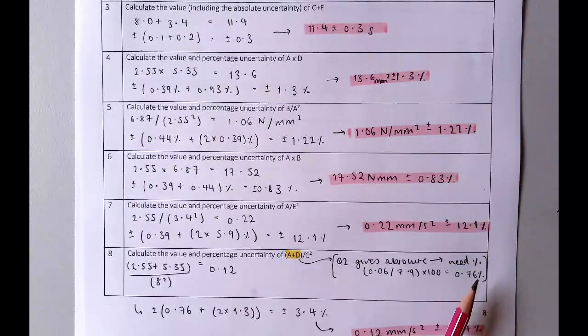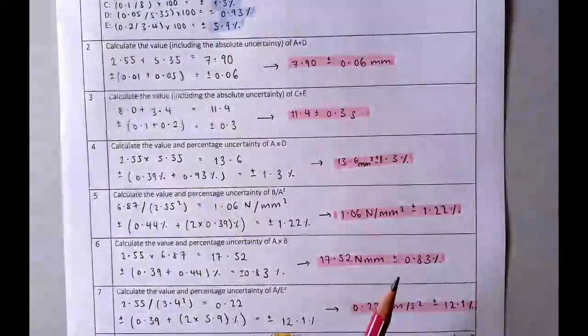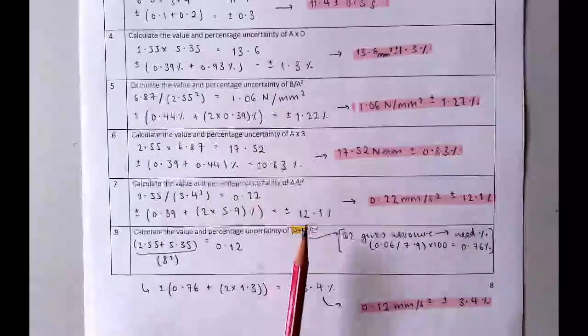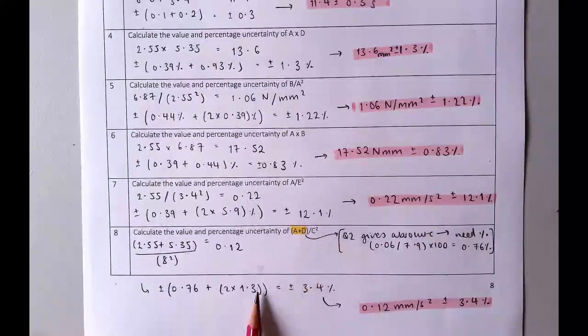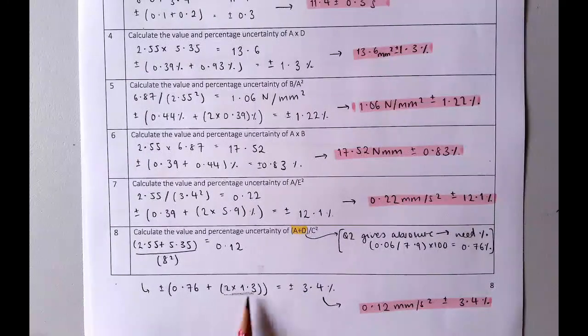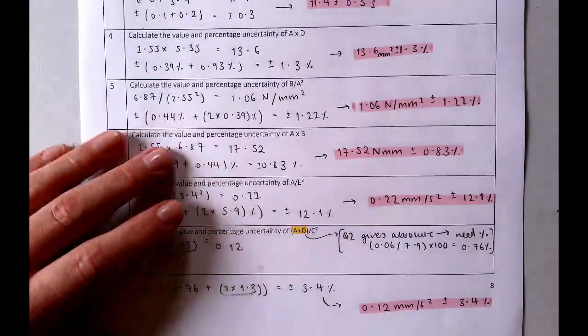So I firstly converted my answer in question 2 to be a percentage value, because I have to add the percentage of A plus D to 2 lots of C, because I've got C squared. So I needed to do multiple steps there. But remember, you cannot combine absolute and percentage uncertainties. So take a pause if you need to before we have a look at the next task.